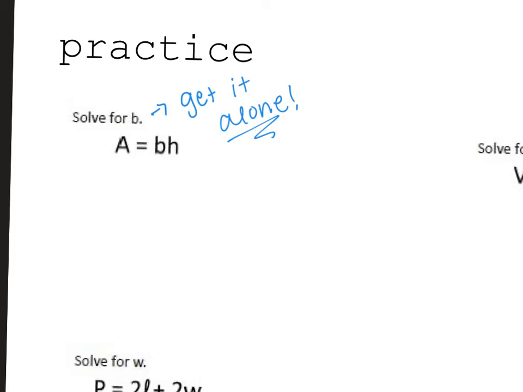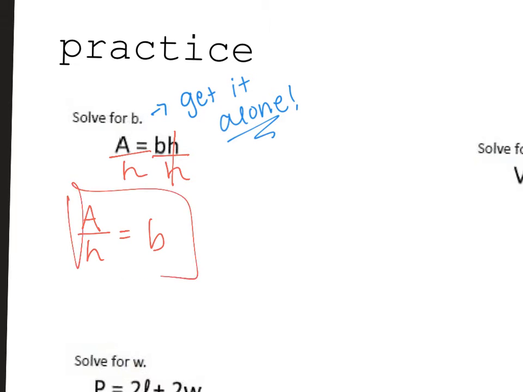The opposite of multiplying is dividing. So we're going to divide both sides by h. That goes away. So we're left with area over height, so A over H equals B, and that's our answer. We just rearranged the furniture, so to speak. That's all we have to do.